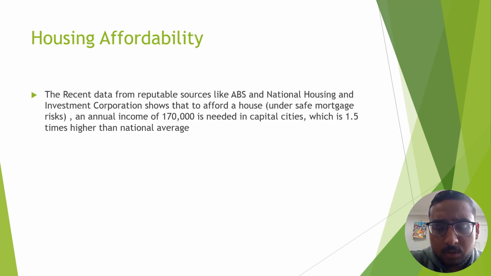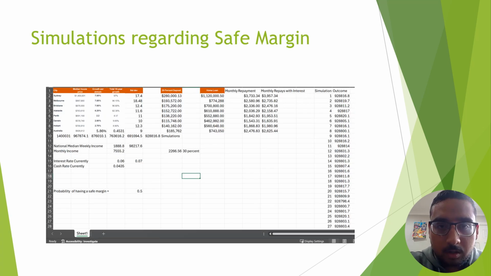Also, recent data from sources like ABS and the National Housing Investment Corporation shows that you need an annual income of 170K to buy a house in capital cities, which is 1.5 times more than the national average. Now I did some simulations regarding the safe margin, which is that on a monthly income, only 30% of that monthly income should go to interest repayments.